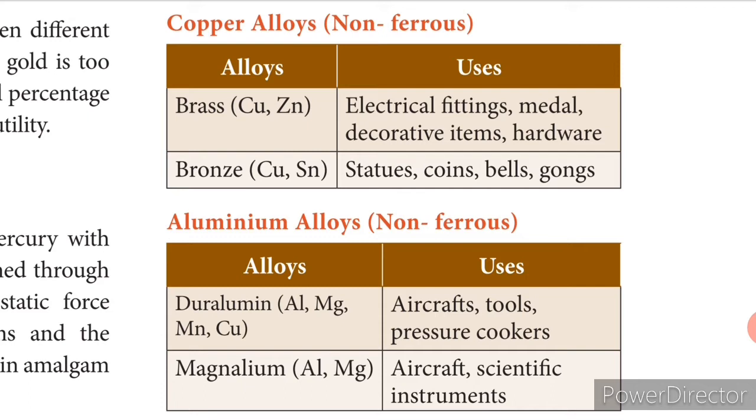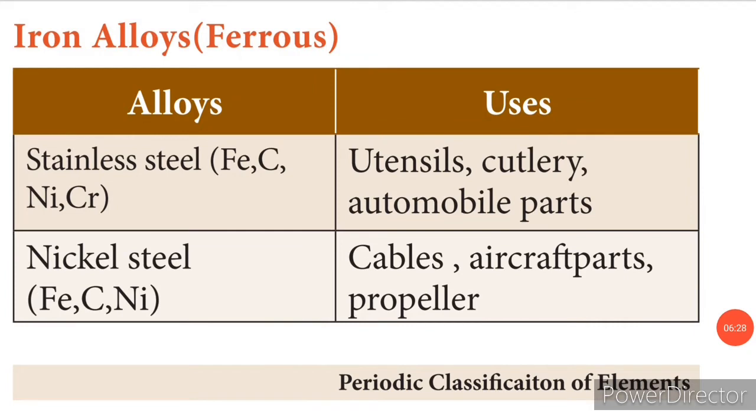The next one is the aluminum alloy, in which the aluminum forms a major component, right? And these are used for making pressure cookers, aircraft, and the scientific instruments mostly consist of aluminum as the major component. And the next one is the iron alloy. I said ferrous because it contains iron as the major component.